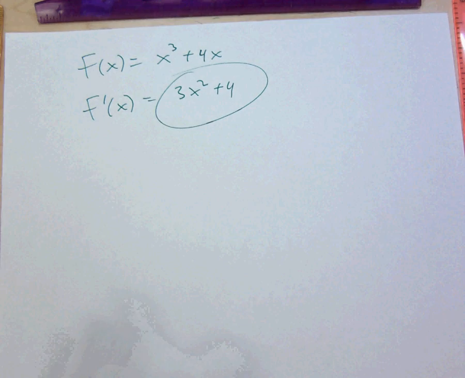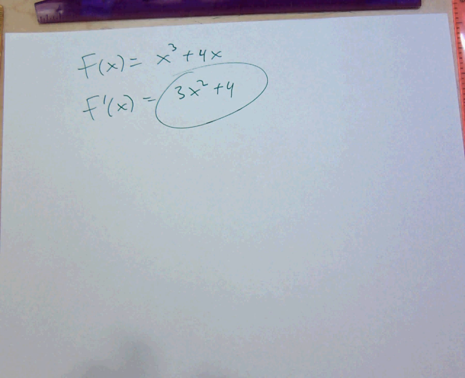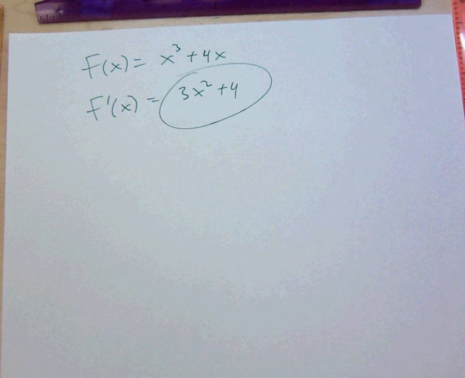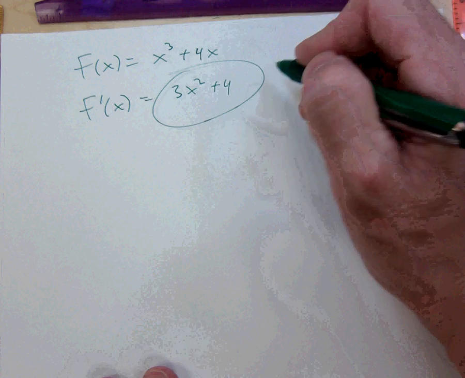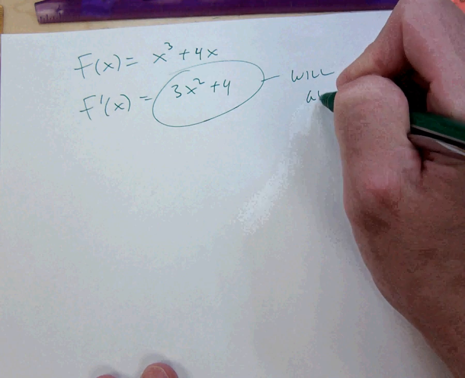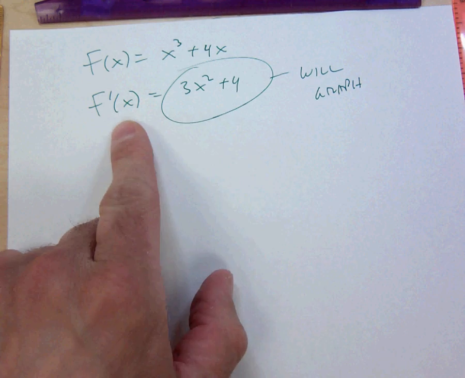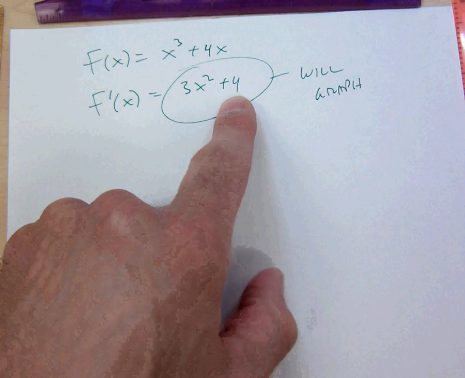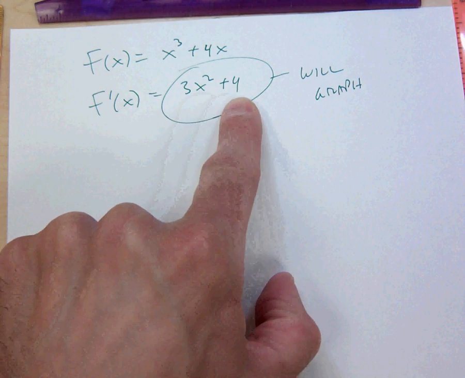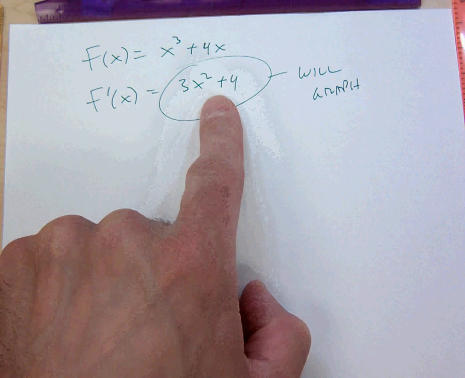You're not going to be able to see that on your TI-84s. However, it will graph that and show you that the derivative would be the parabola y equals 3x squared plus 4, but it won't tell you that the derivative function is 3x squared plus 4.